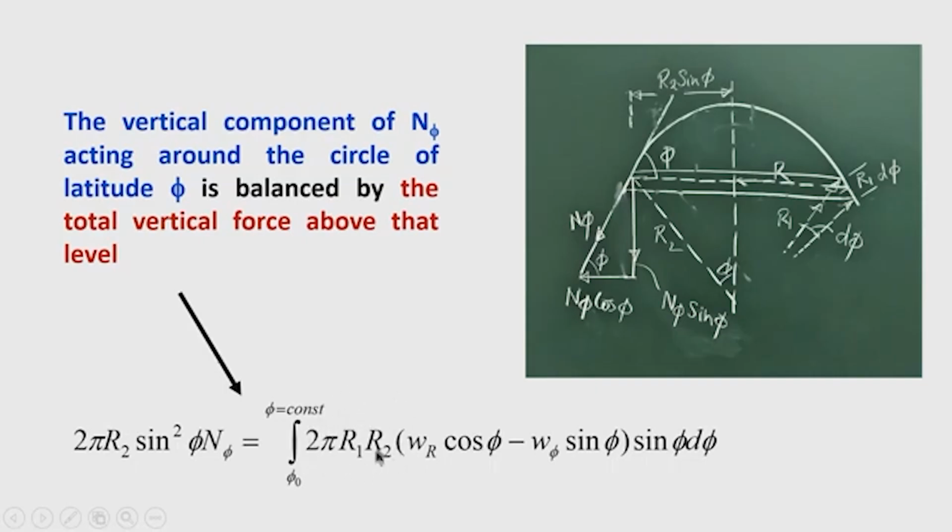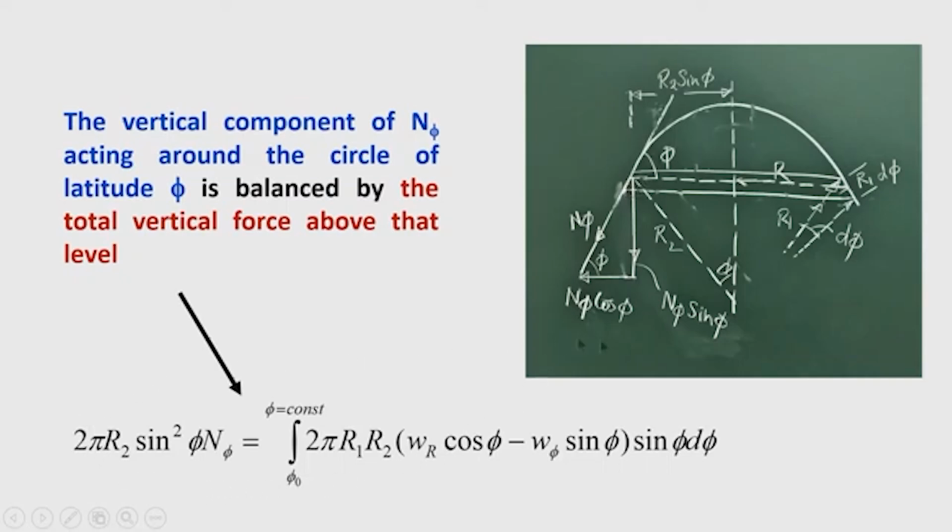So, the elemental surface area is inside this integral term, and the term inside the bracket represents the net vertical load, because W r is the radial component of the load and W phi is the component of the load along the meridional direction. When it is resolved along the vertical direction and added, it represents the net vertical load. So, the right hand side represents the net vertical load acting above the level phi.